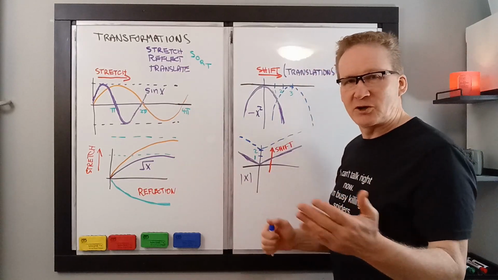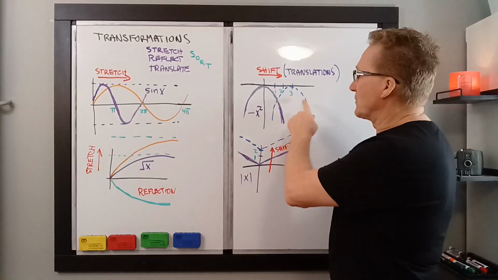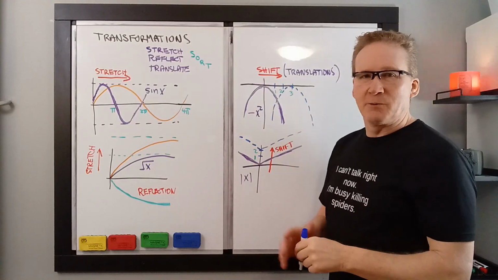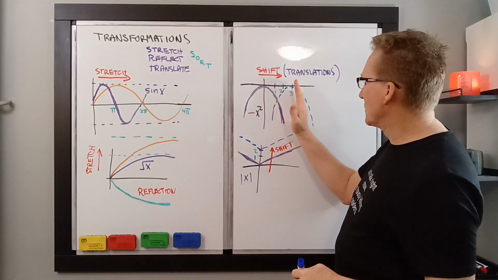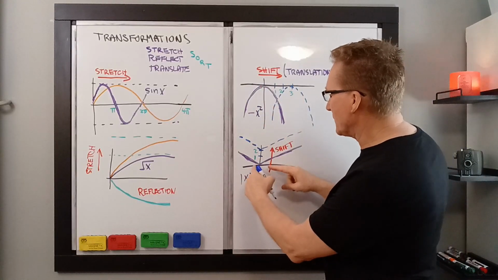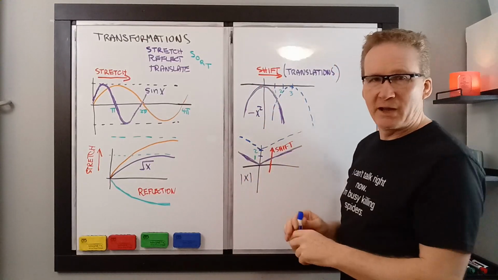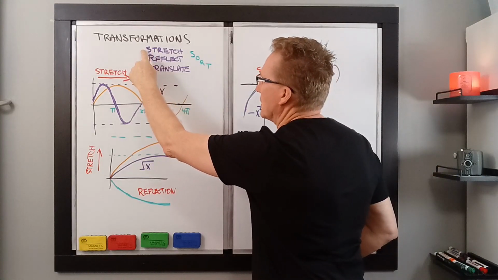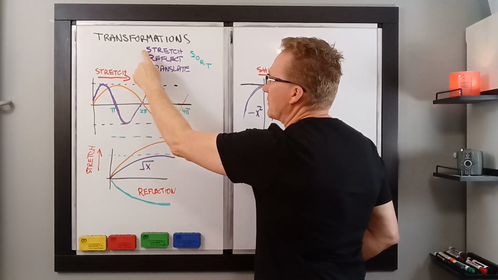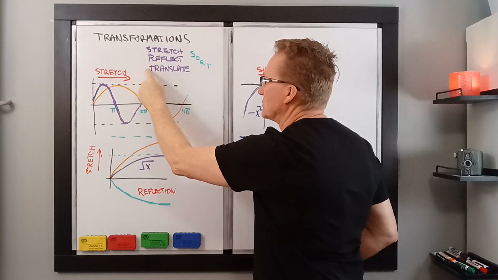But today we're going to start to look at what's called translations or shifts. Now we could think of this as a shift. We're taking this function here, shifting it over to here, or we're taking this absolute value function, shifting it up in that way. But we don't like to use the word shift because we've already got one S word here in stretch. And we want to be able to remember these: stretch, reflect, translate.